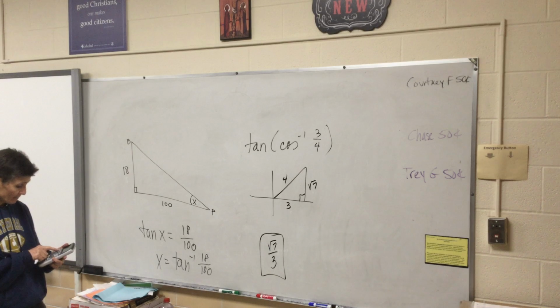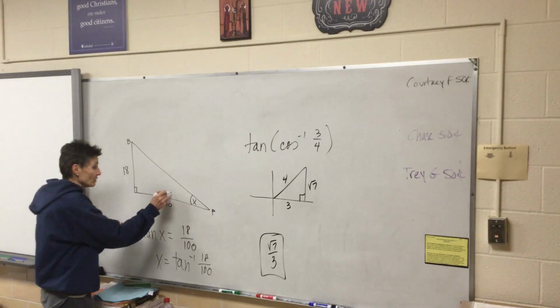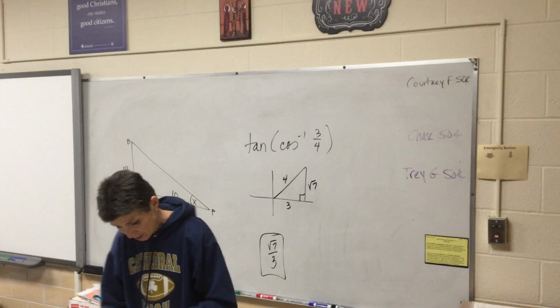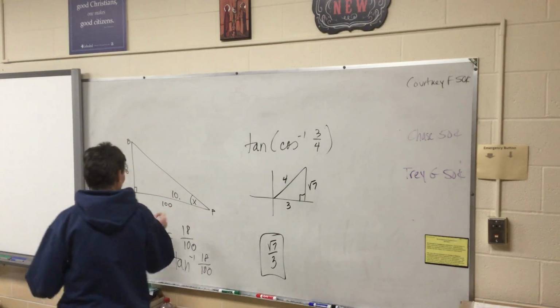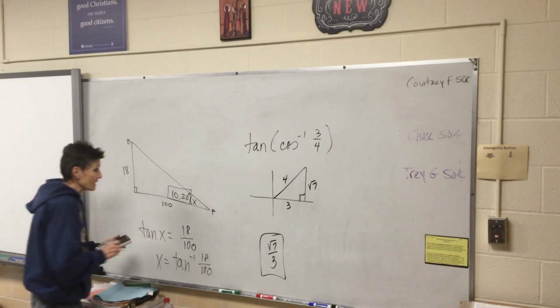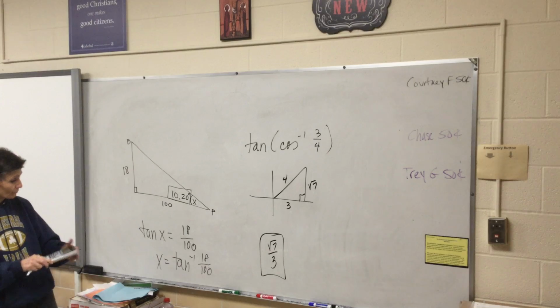And then type second tangent, 18 divided by 100. And that angle is 10 point, how am I supposed to round? 100th? Actually, it'd be 10.20 degrees. So the answer to the question is 10.20 degrees.